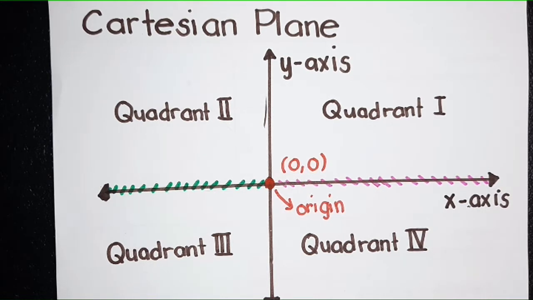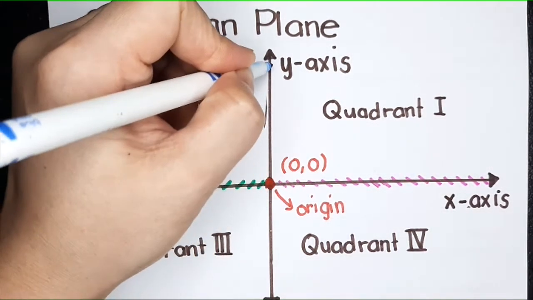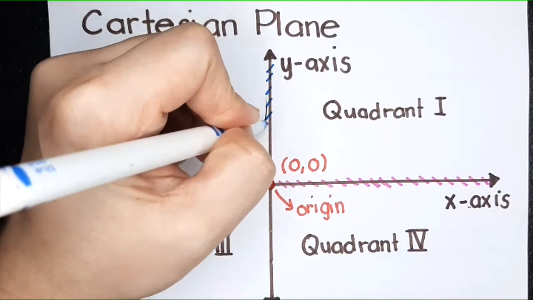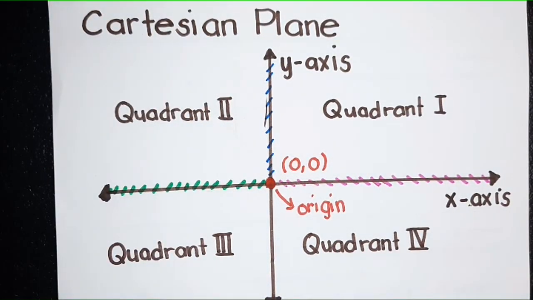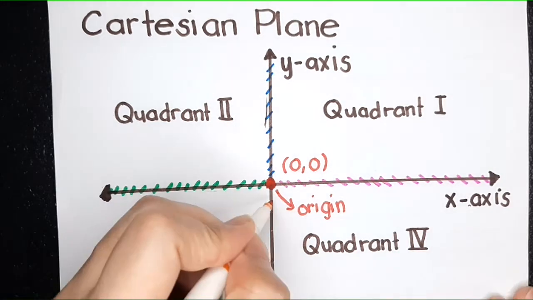Sa taas, nandun yung positive y values. Sa ilalim, andun yung negative y values.